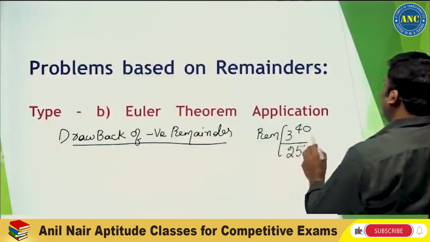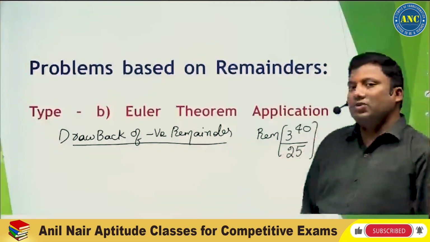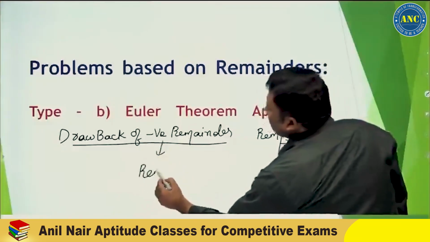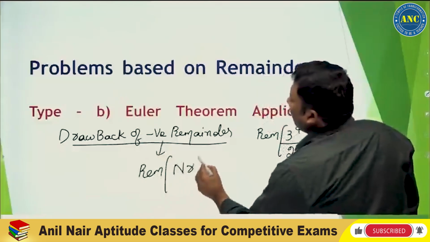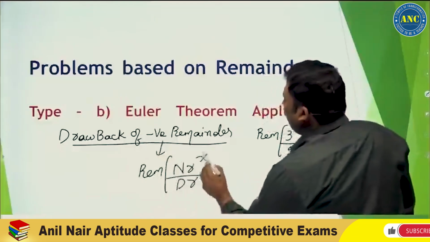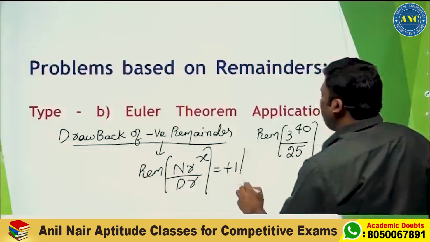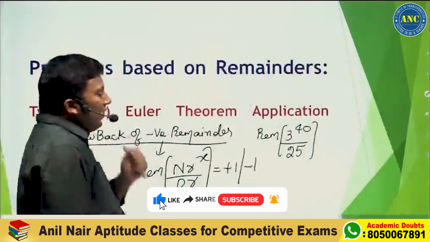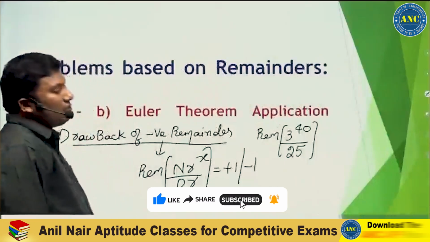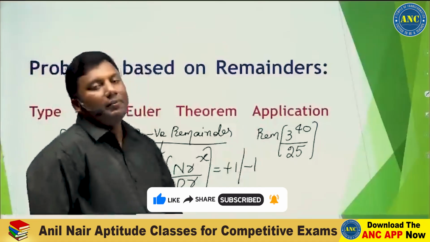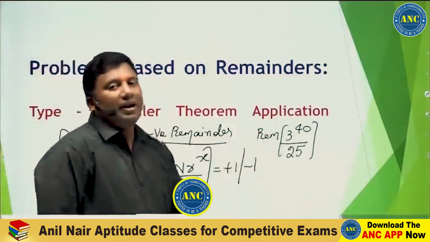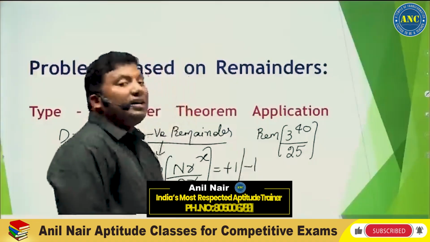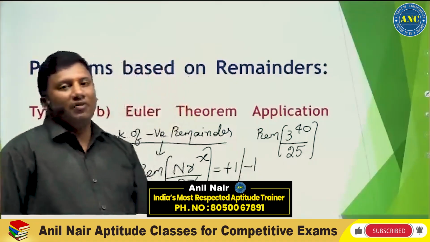According to our negative remainder logic, we have to find which power of the numerator, when divided by the denominator, gives either +1 or -1. 3 square divided by 25 gives 9. 3 cube divided by 25 is 27 by 25, remainder 2. 3 power 4 is 81, and 81 divided by 25, I am not getting it.